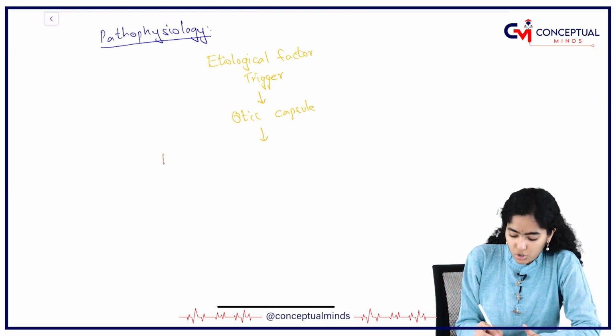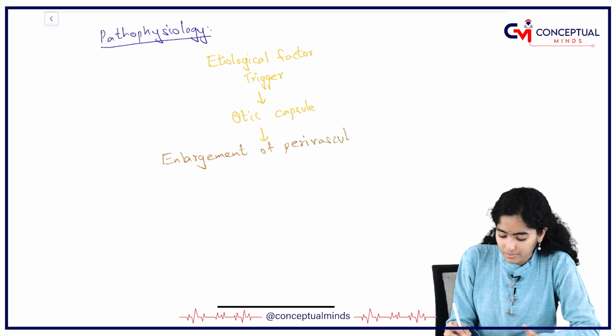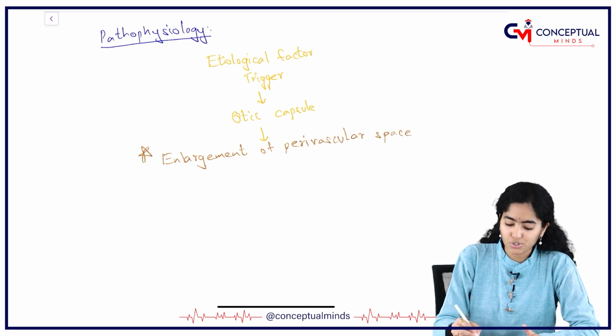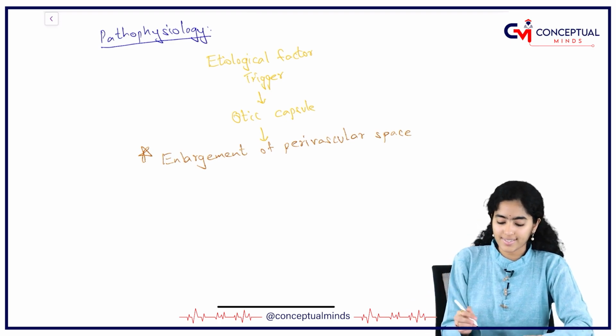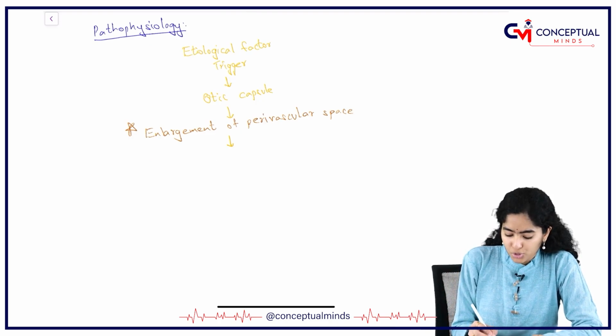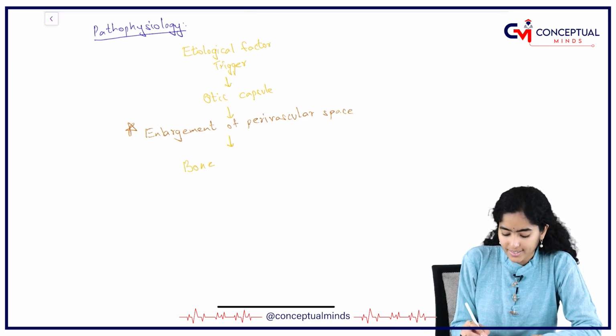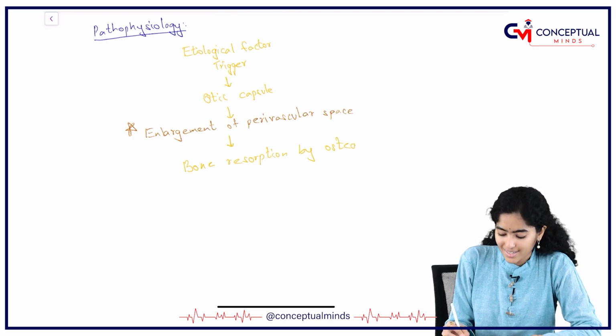There is enlargement of perivascular space. This is the first indication of otosclerosis, the first change that is observed. Then bone resorption occurs by osteoclastic cells.